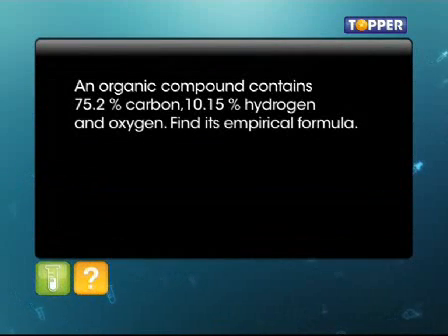Make sure you get the right answer to all these questions. Now we are about to tell you how exactly to answer a question so that you get the maximum out of each attempt. If you get a question like this: an organic compound contains 75.2% carbon, 10.15% hydrogen and oxygen, what would be the empirical formula?